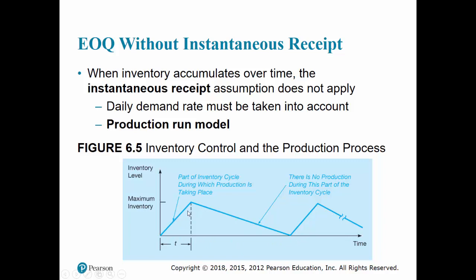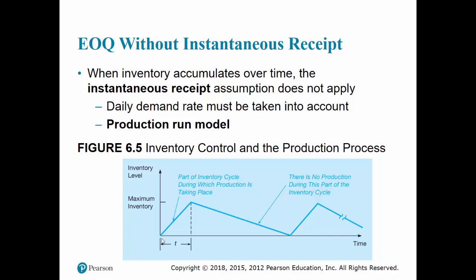The demand is going to be there all the time. So what is the rate at which the inventory will rise? During the production period, inventory is coming in at the rate of, let's say, P. P is your production rate, lowercase p. And let's say lowercase d is our demand rate.